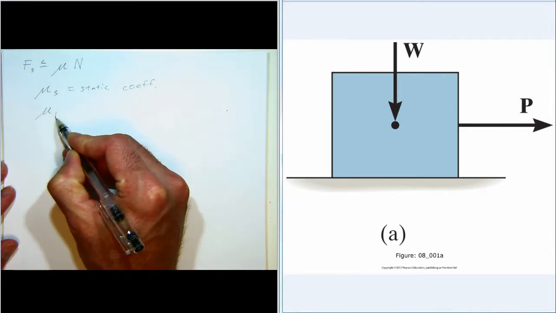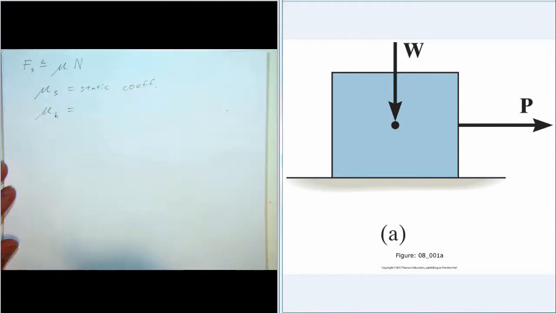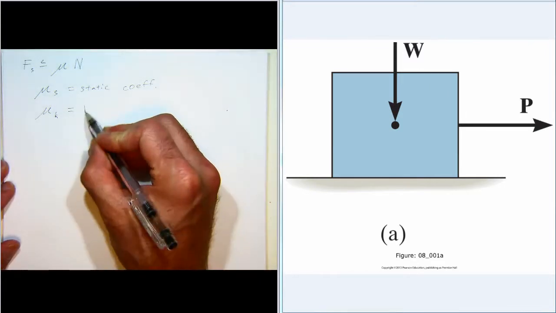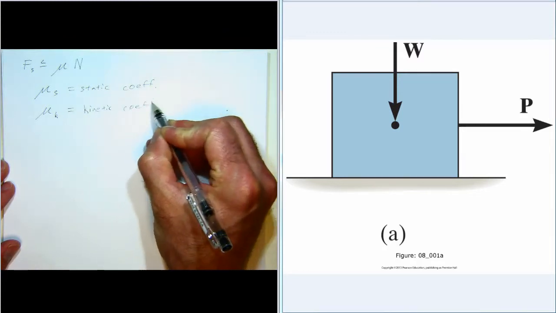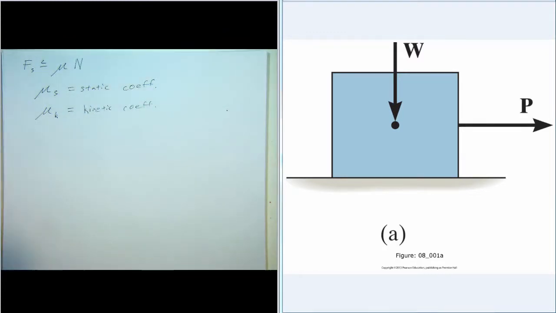And that's because when an object is moving, it has a lower coefficient of friction. That's called the kinetic coefficient of friction, or mu k. So it's harder to get something moving when you're dealing with friction than it is to keep it moving.